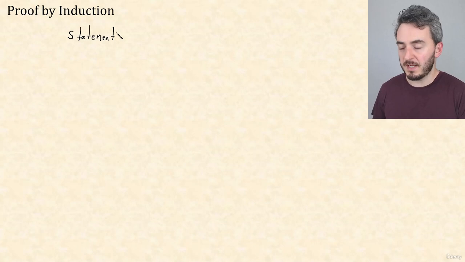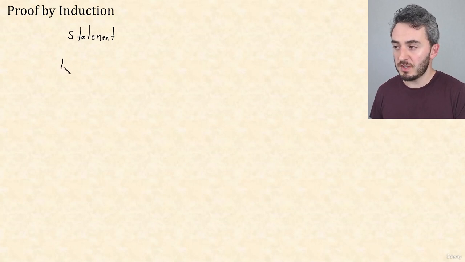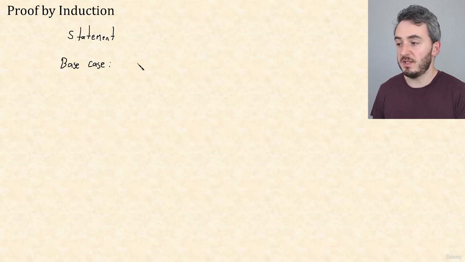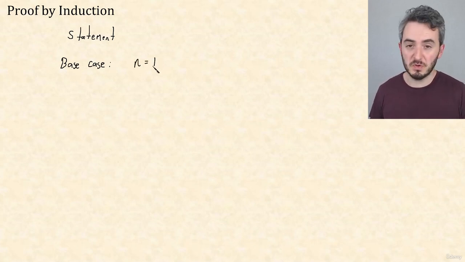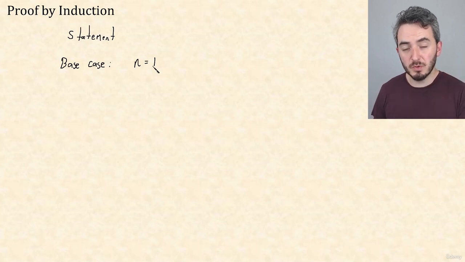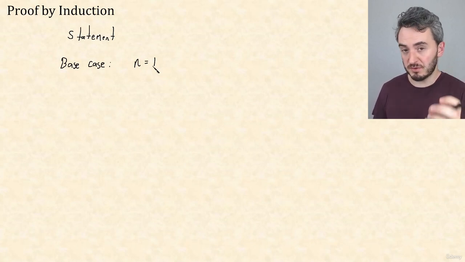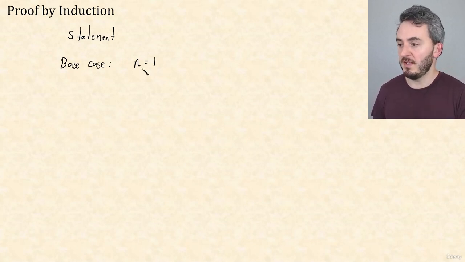So we have some statement, and rather than proving that statement directly, we show that it's true for a base case. Now a base case is typically just showing it's true when n equals 1 or 0 or something very small. So some small value of n where we can just demonstrate it's true. And obviously that doesn't prove the whole theorem, but it demonstrates it's true in one case.